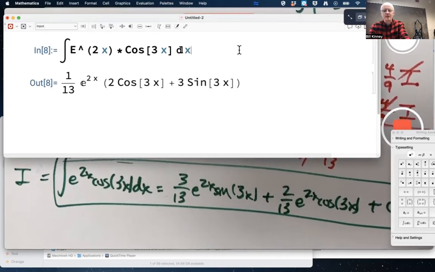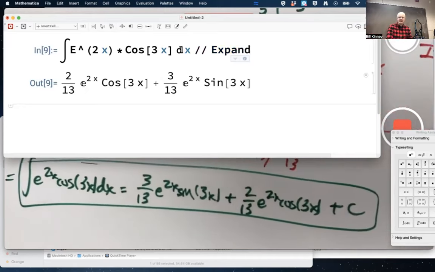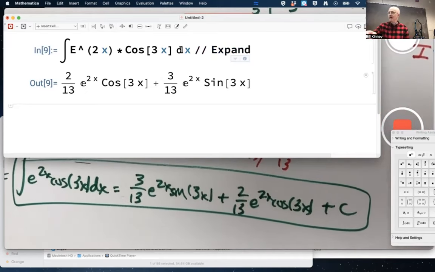And if we want it to look more like what we got, I better do expand. It does look the same, though Mathematica would fail the gateway, right? They don't program Mathematica to put the plus c in there. They know you should, but they just don't want to bother. But for the gateway exam, you need to put the plus c in there to get the problem right. If you miss the plus c, you'd get 0 on the gateway.